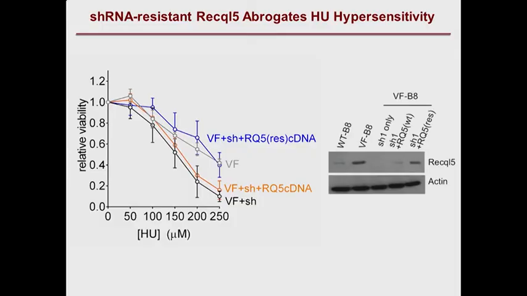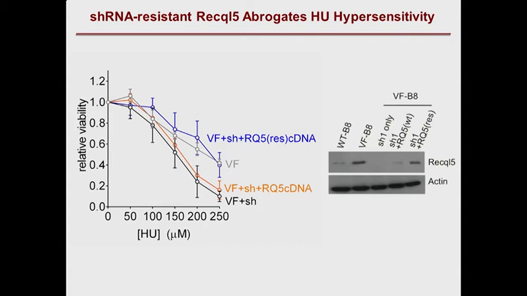Again, just to demonstrate that this was an on-target effect, we did a rescue experiment. Just to walk you through this, this is again looking at growth or viability of the cells in the presence of increasing concentrations of hydroxyurea. As you can see, when you knock down RECQL5, you get an impairment of the viability. If you rescue by overexpressing a cDNA for RECQL5, you don't see any rescue, basically because the shRNA is knocking down the cDNA.